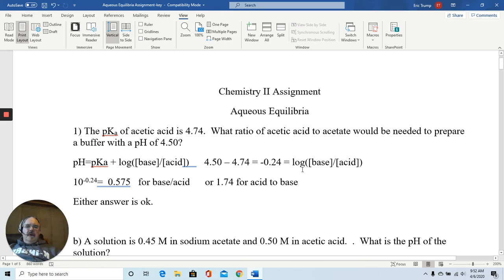The inverse of the log is 10 to the power, so it's 10 to the minus 0.24, and that would give you a value of 0.575. That's for the base to acid ratio. If you calculated the acid to base ratio, then it's 1.74, just the reciprocal. Either answer we will accept.